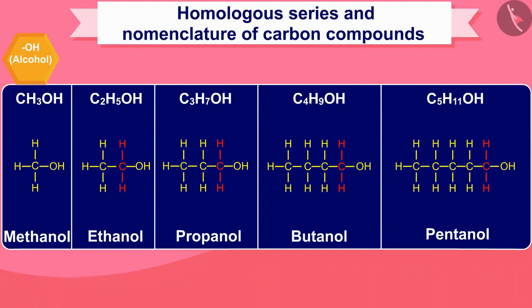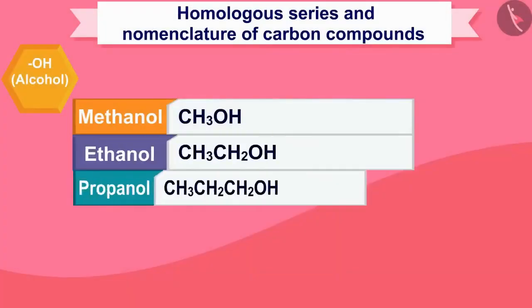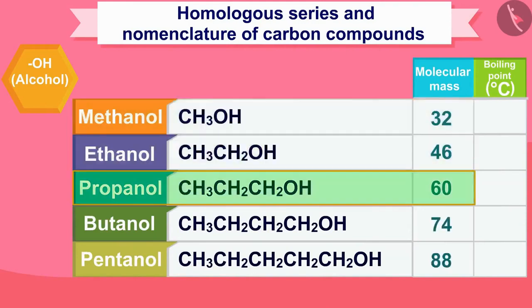The most important point is that it takes one CH2 and 14 mass units to move from one unit to another. When molecular mass increases in a homologous series, there is a gradation in physical properties.